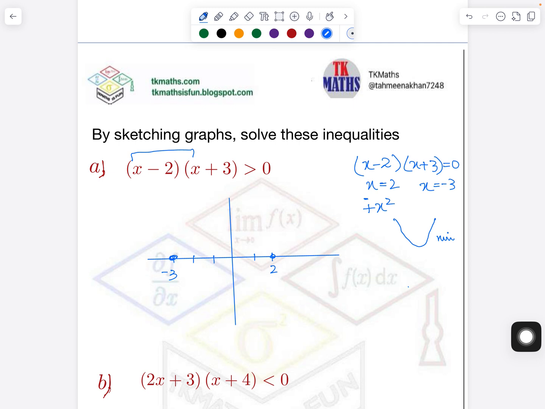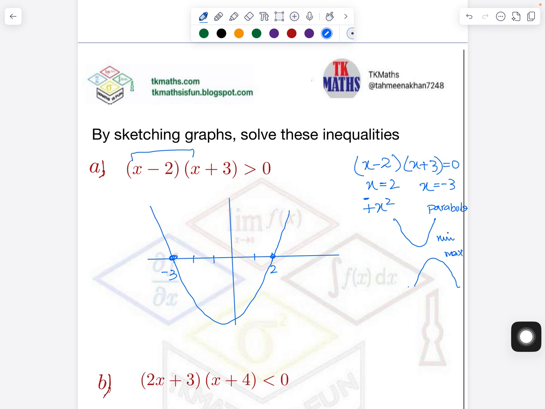If the quadratic had negative coefficient, x square had negative coefficient, then the shape of the curve will be like this, which is called maximum value curve. And these shapes are called parabola. Just little information along as we are moving on. So now because it is a minimum value curve, the shape of the curve will be something like this, right?